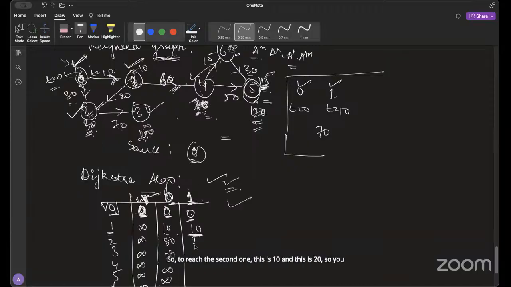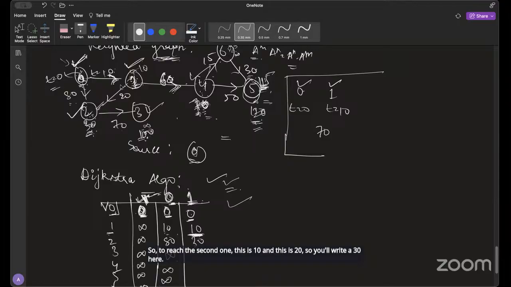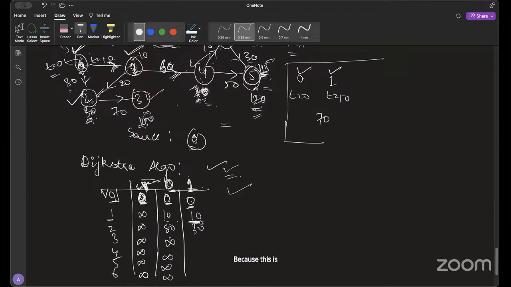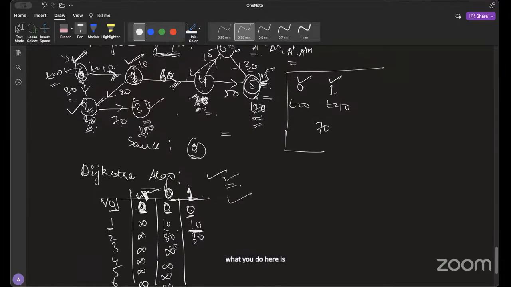So you write a 30 here. Because previously it was 80. If you get anything lesser than that, you update this thing. Once burned, you can't update things, but now you can, because vertex 2 is not burned yet. So from this way you had 80. From here you have 30.